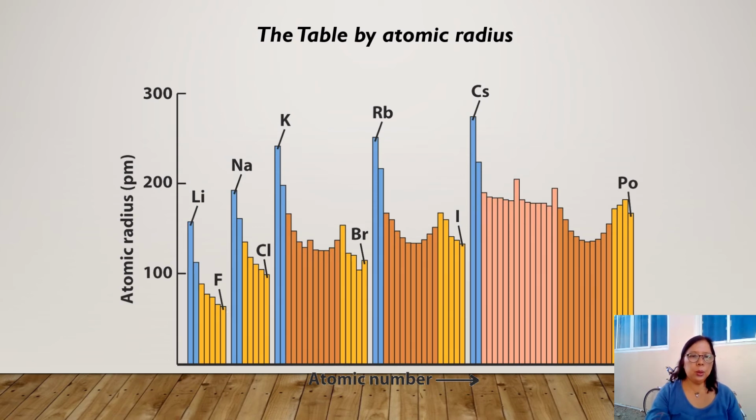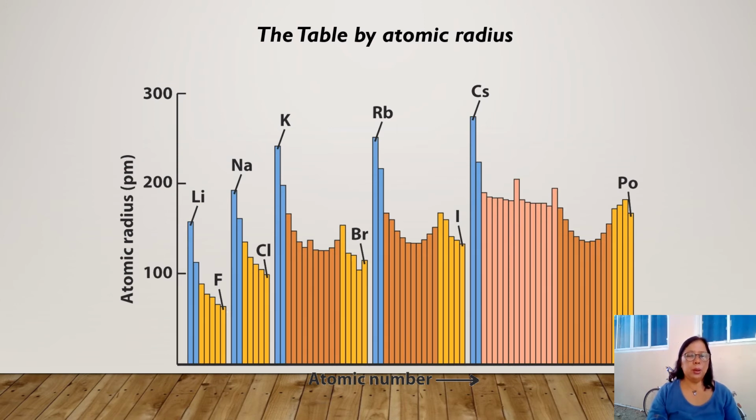Now, if you look at each of these, the smallest radius goes to fluorine, chlorine, bromine, iodine. And where are these in the periodic table?